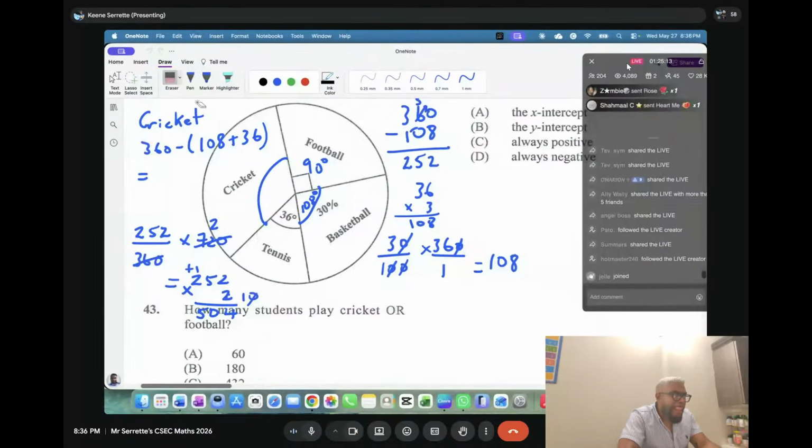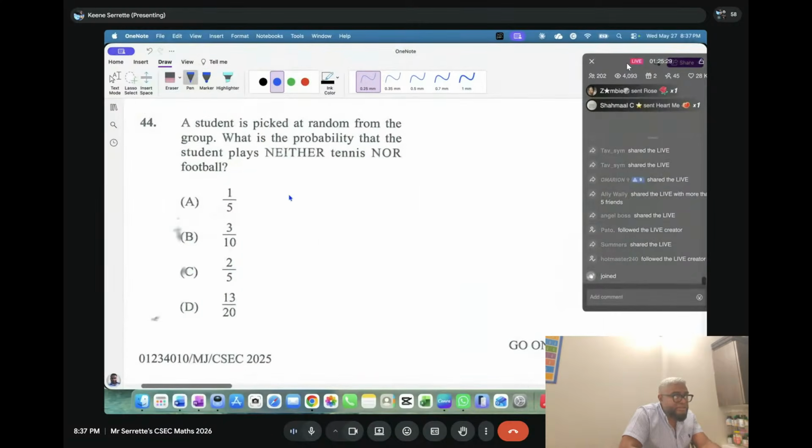So I can work out cricket by looking at what we had initially. 126, right? So it'll be 126 plus 108, over 360.